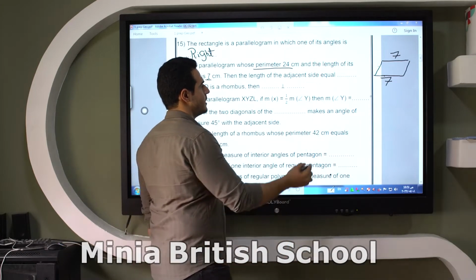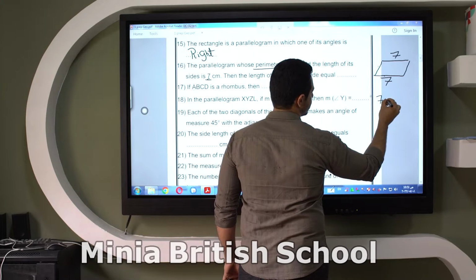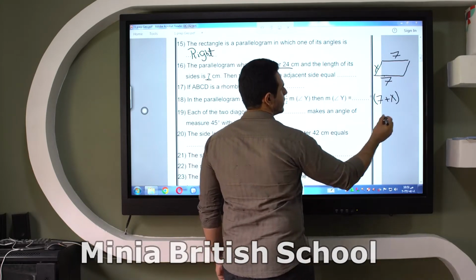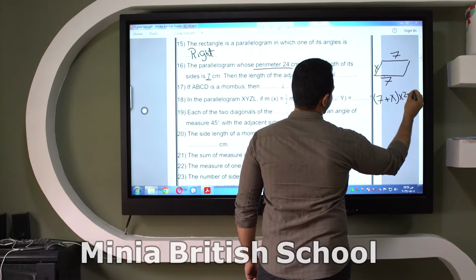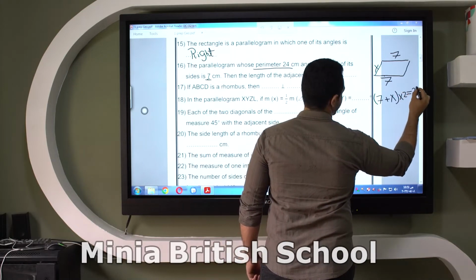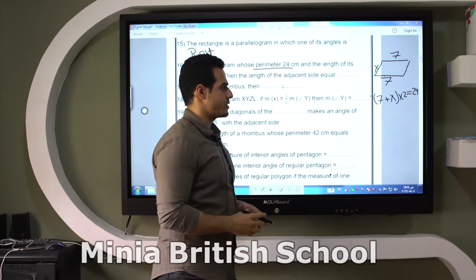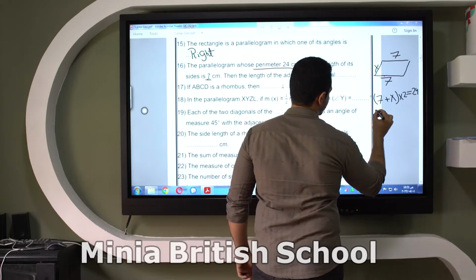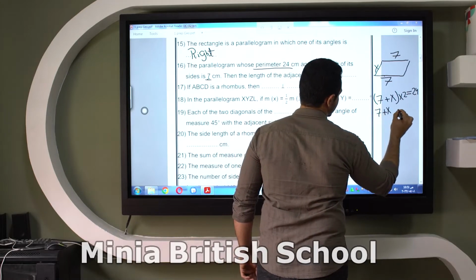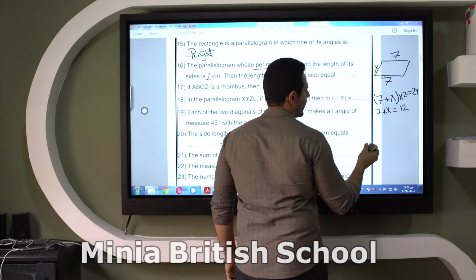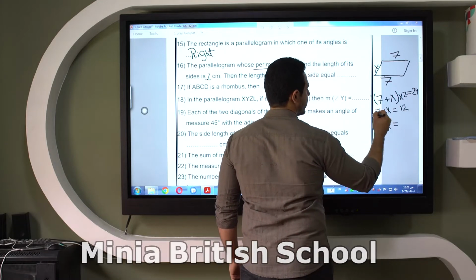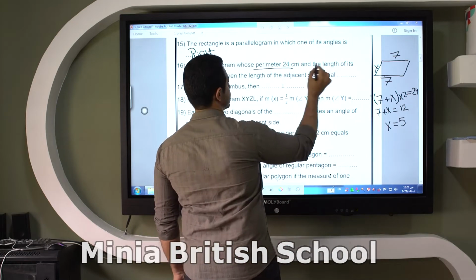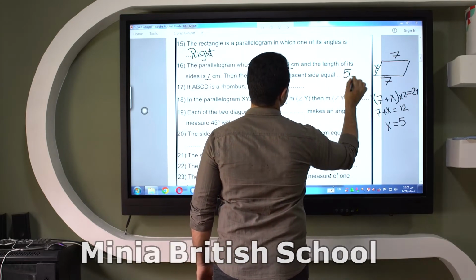So I can say that 7 plus x, where x is the missing side, times 2 equals 24. We convert it into an equation, and I will divide by 2. So 7 plus x equals 12. Now x equals 12 minus 7 equals 5. So the second length equals 5 centimeters.